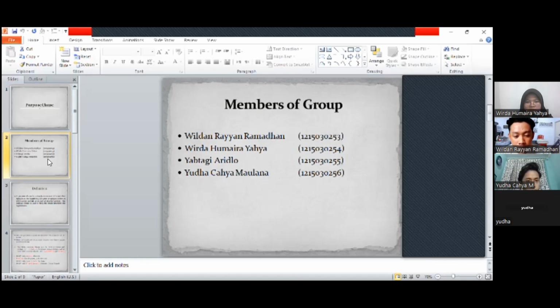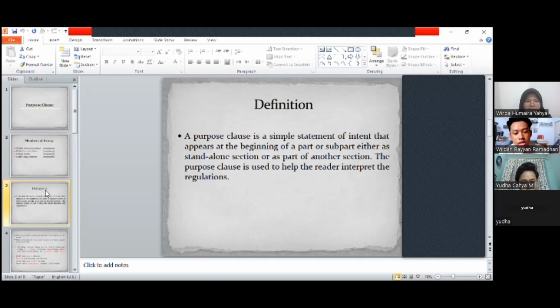Second is Wirda Humaira Yahya. The third is Yabtagi Aridlo, who unfortunately cannot join us to explain this material because he is currently sick. And the last one is Yudha Cahya Maulana. We will go straight to explaining the material. The first material will be explained by me.